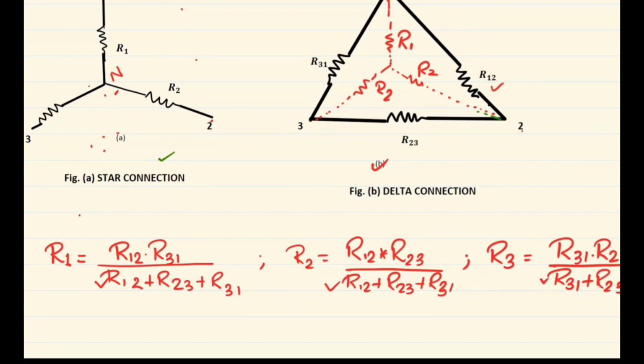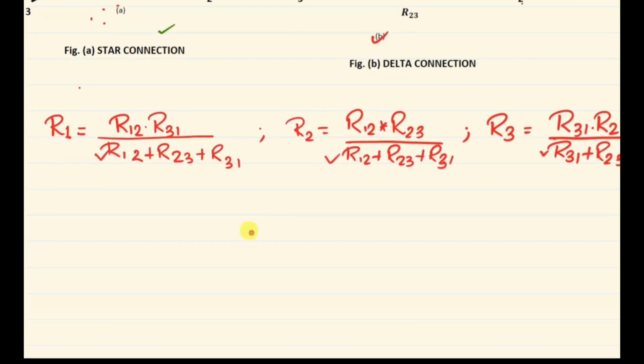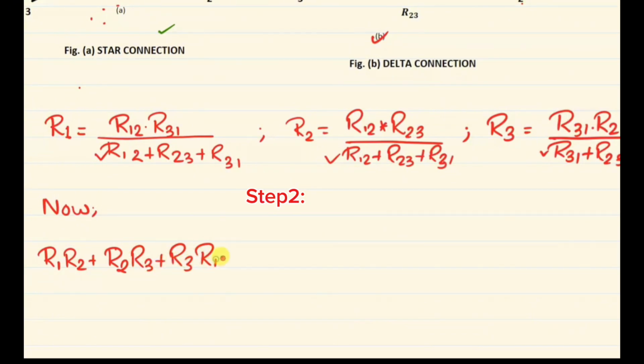Now once you have written all these formulas, our next task is to find R1 times R2 plus R2 times R3 plus R3 times R1. Okay, now let's find the product.